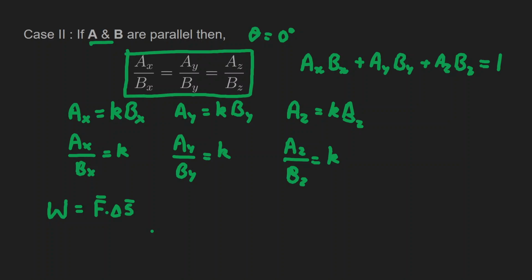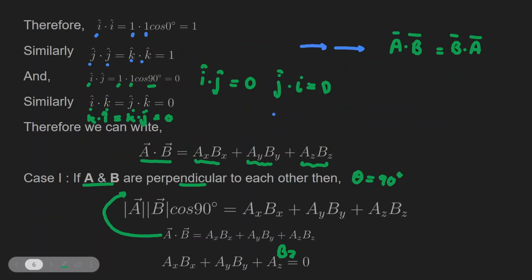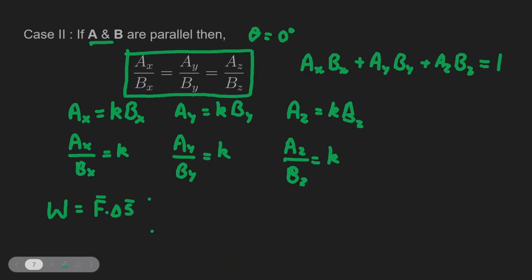And work done, we know, is a scalar. It is just a number, 100 joules, 50 joules, 500 joules, etc. From the results we know that when force and displacement are parallel to each other in the same direction, work done is maximum. When force and displacement are perpendicular to each other, the work done is zero. So this is how we can relate.